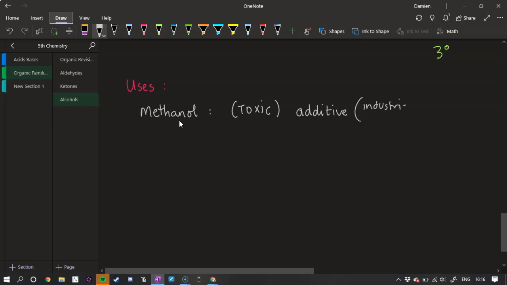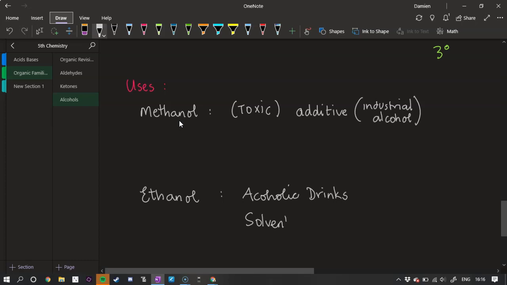Now, industrial alcohol is basically ethanol. Ethanol is used in alcoholic drinks, and it's also used as a solvent in science work. But the problem is, ethanol is very expensive. There's huge taxes on it. And if people get their hands on ethanol, they can suffer from alcohol poisoning if they drink it.